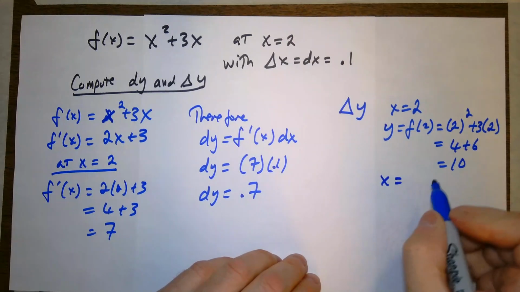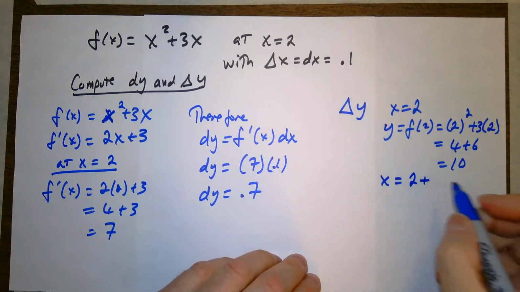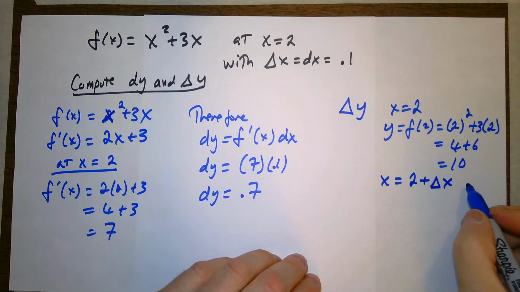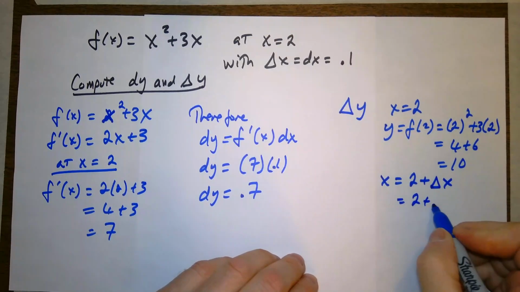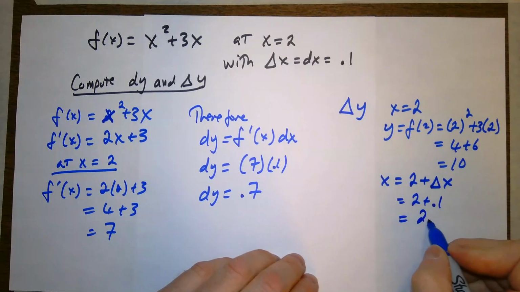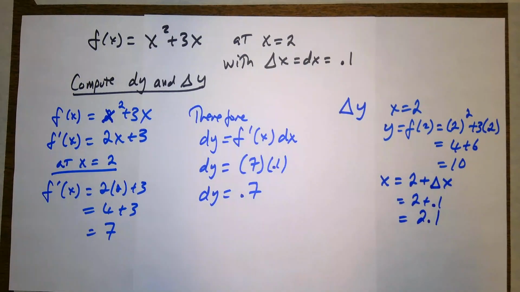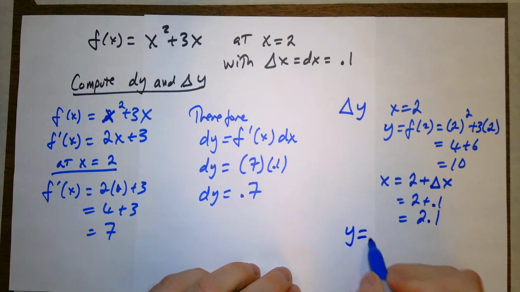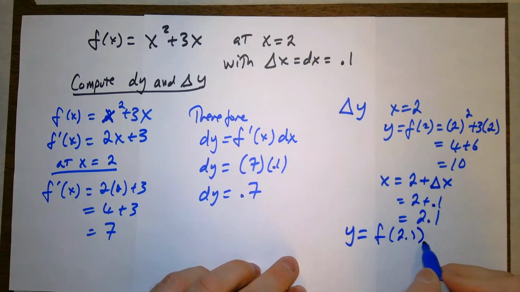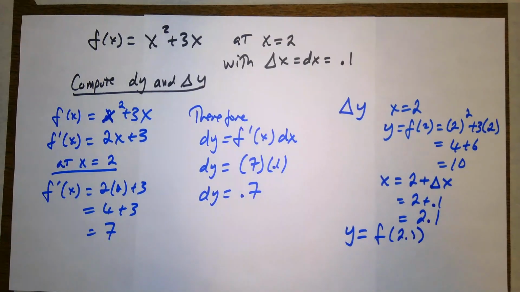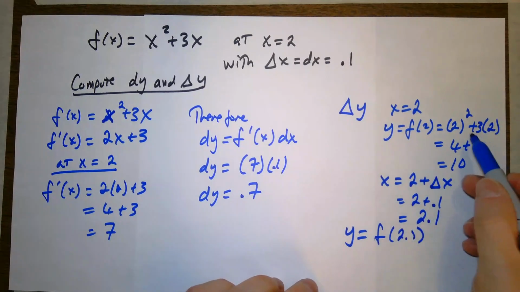The x value is going to be 2 plus delta x, which is 2 plus 0.1, 2.1. So y is the value of the function at 2.1. What's the value of the function at 2.1?